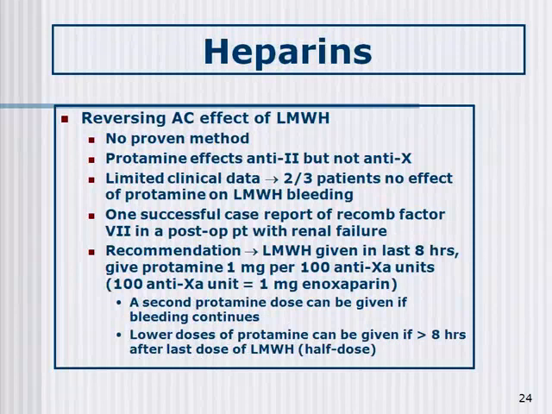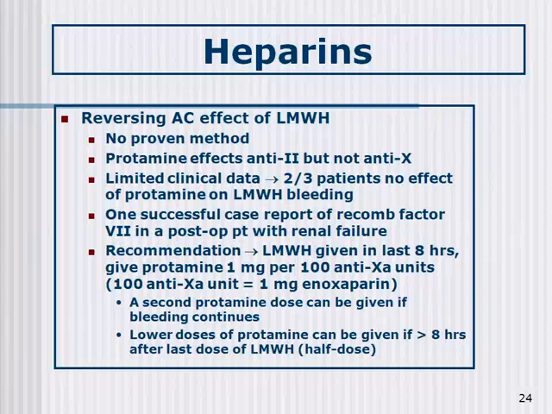So protamine is only of limited use when we use it for low molecular weight heparin bleeding. In fact, in 2/3 of patients that were bleeding and were given protamine, the protamine had no effect on the bleeding.